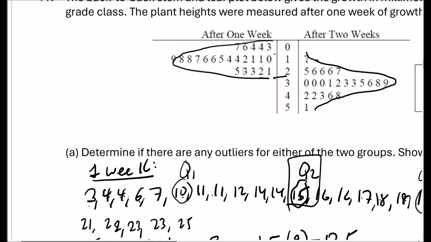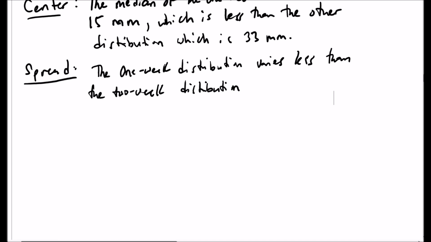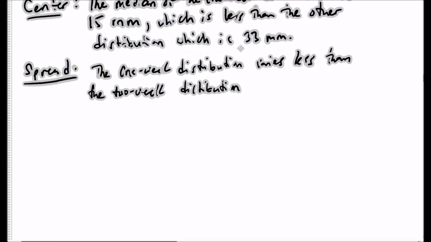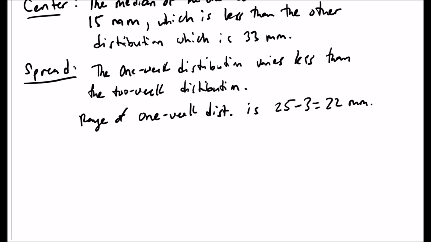You take the biggest number minus the smallest number, so 25 minus 3. Let me just write down the range. The range of the 1-week distribution is 25 minus 3, which is 22 millimeters.